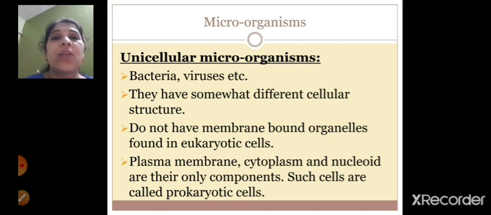These unicellular microorganisms have a different cell structure because they do not have membrane bound organelles, which are found in eukaryotic cells. And eukaryotic cells are those which contain a nucleus, as the nucleus has a double wall membrane. So what are the components of unicellular organisms? Plasma membrane, cytoplasm and nucleoid. That's why they are called prokaryotic cells, because they do not have a membrane outside, right?